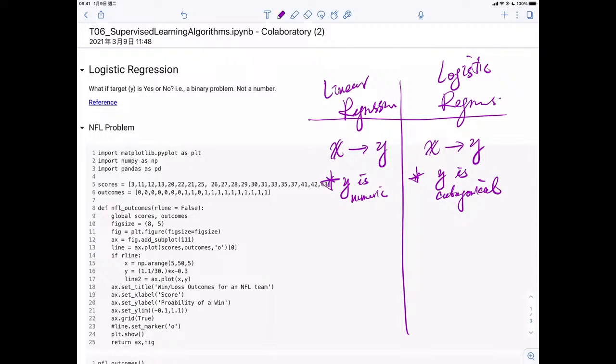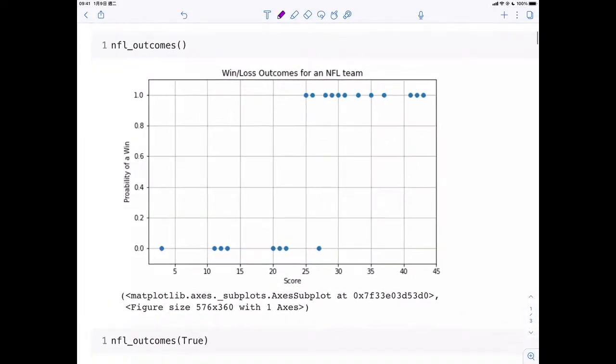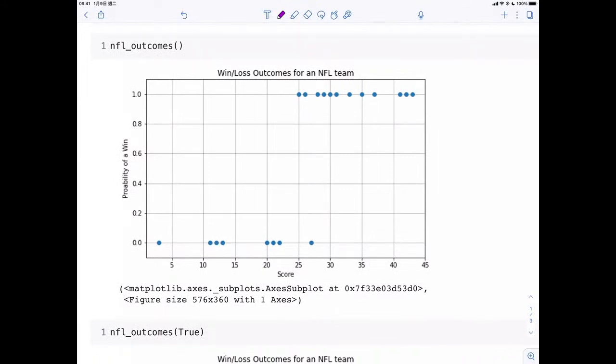Let's take a look at this problem. In linear regression, we try to find the relationship between x and y, so we plot it right here, and we can find the best linear regression line, like this, right? That's called linear regression. However, there are some other data.